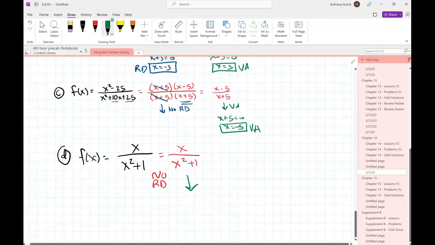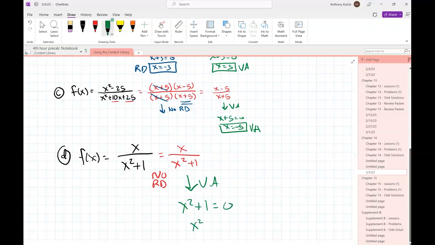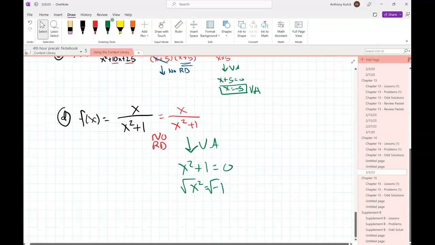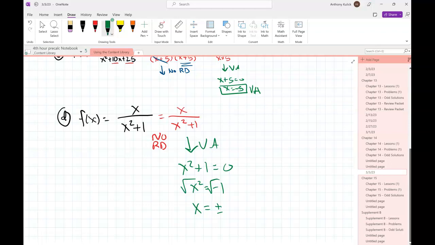So if I take this then and set it equal to 0, I'll subtract 1 from both sides, square root both sides. So plus or minus. What's the square root of negative 1? i. Notice that this is not real. That's not a real number.